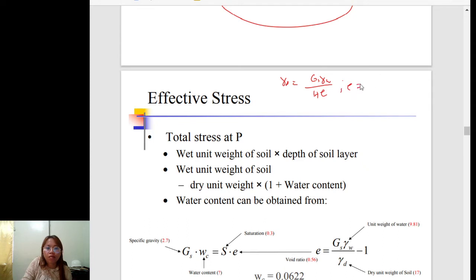That is, this is equal to G sub S gamma W over the dry density, or dry unit weight, minus 1, which is the same ani. To find for the E.